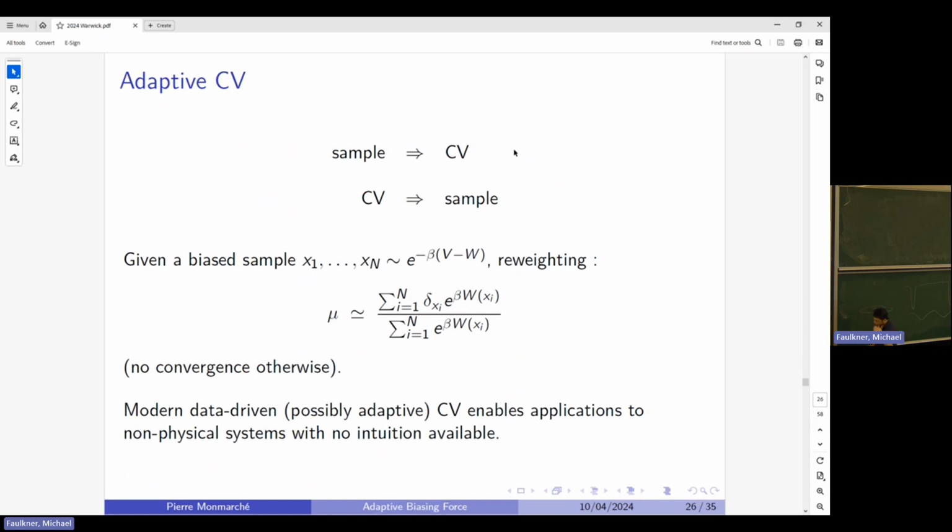Just a word about Chopin, Lelièvre, and Stoltz. What they had is a Bayesian problem of mixtures. You have a parameter which is distributed according to some gamma law with some parameter. Then you have some weights which are distributed according to a Dirichlet distribution.